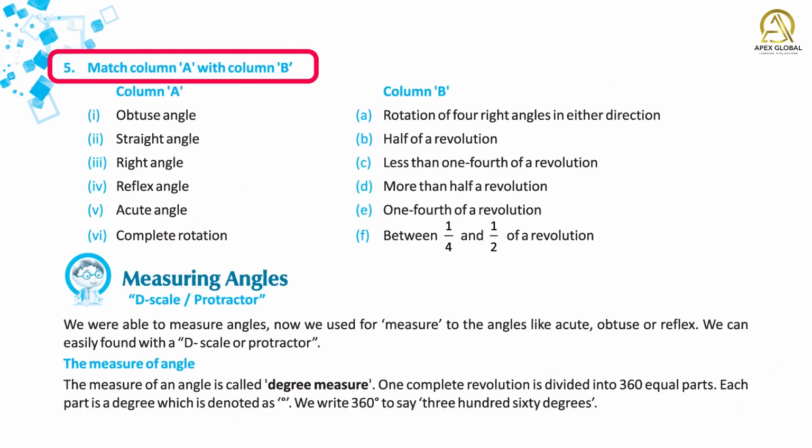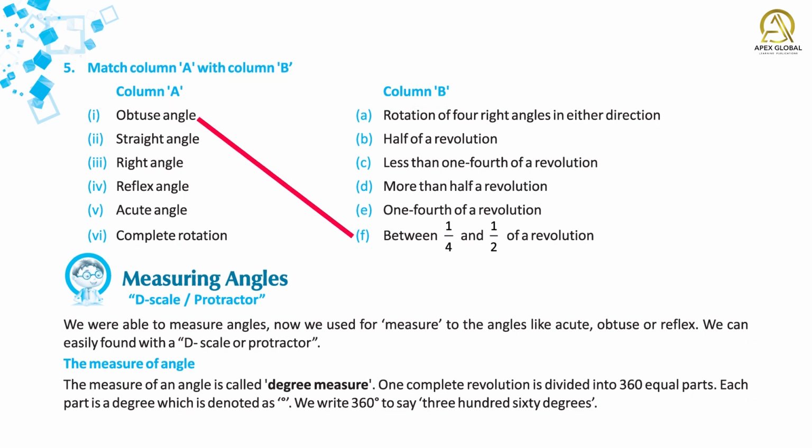Question 5. Match column A with column B. First, obtuse angle to F, between 1/4 and 1/2 of a revolution. Second, straight angle to B, half of a revolution.